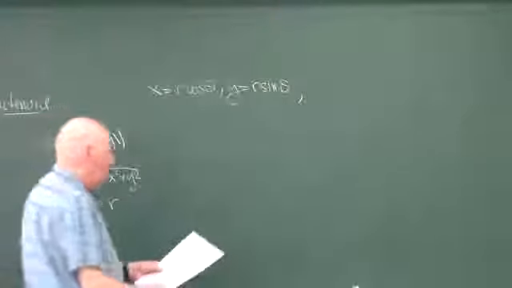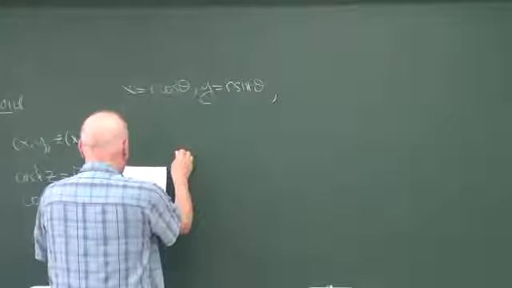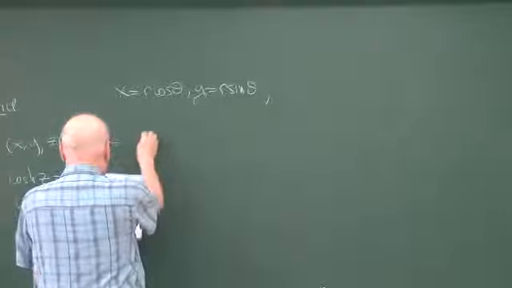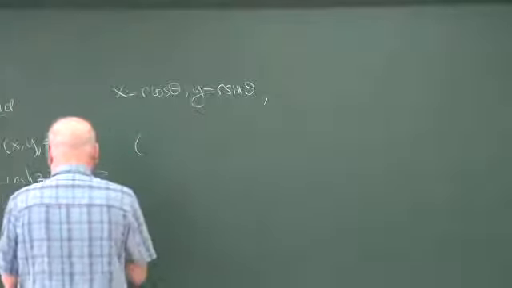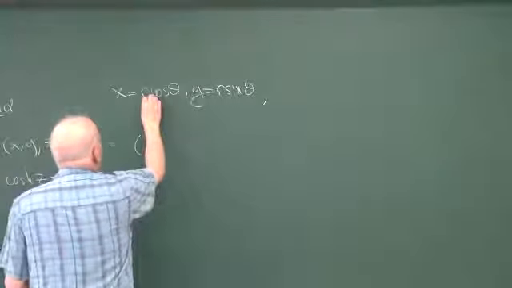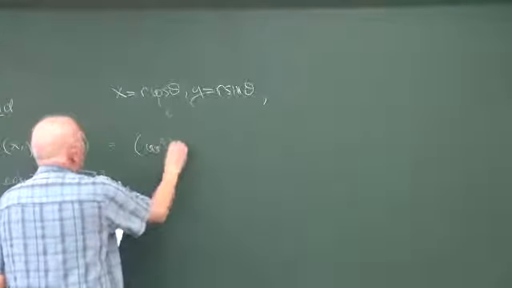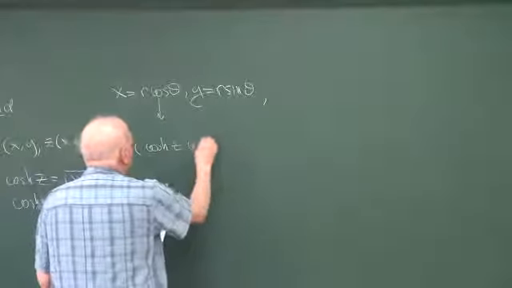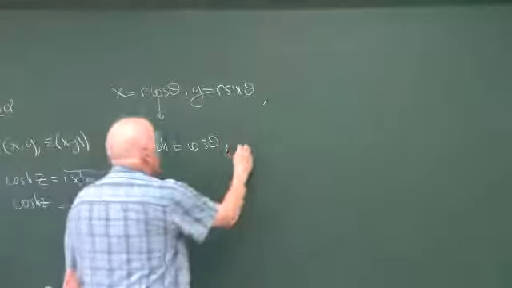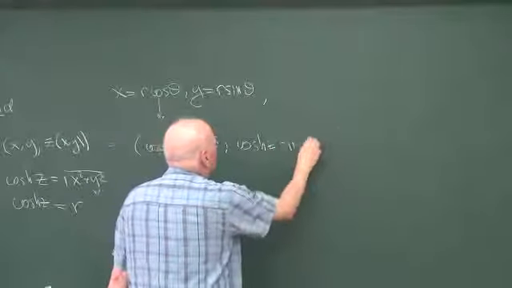So the good variables would be to write the catenoid as (x, y, z), where x is r cosine theta, but r is hyperbolic cosine z, so x is hyperbolic cosine z cosine theta. Y is r sine theta, so hyperbolic cosine z sine theta.